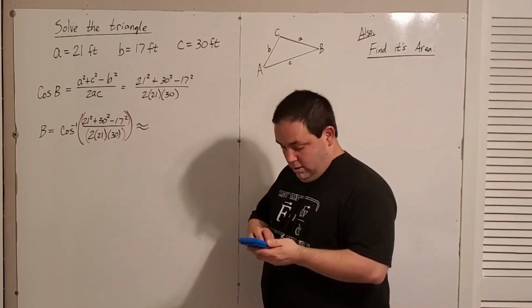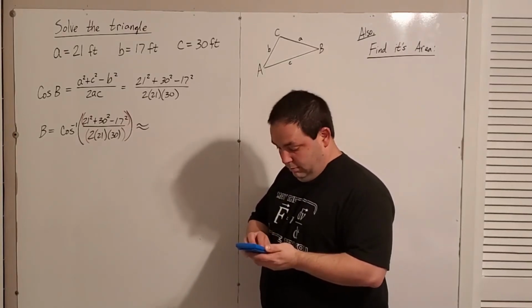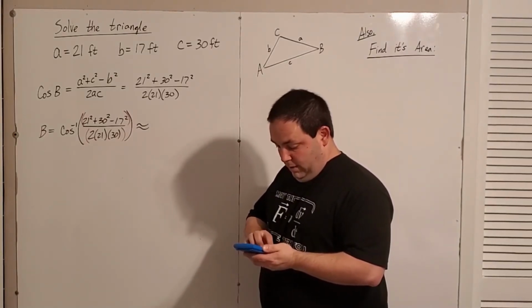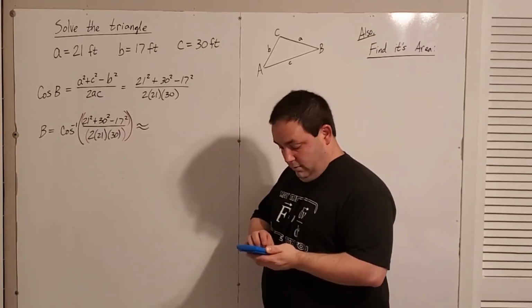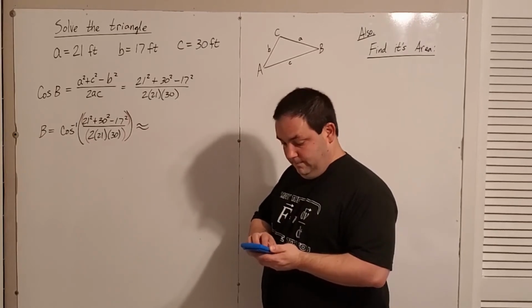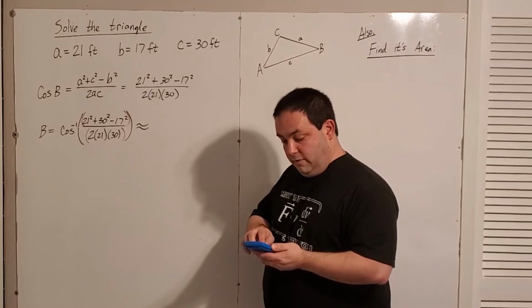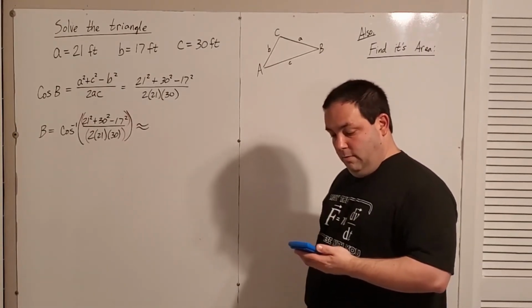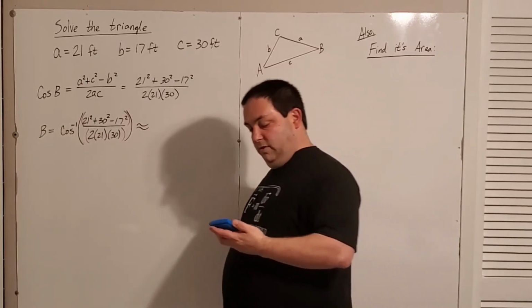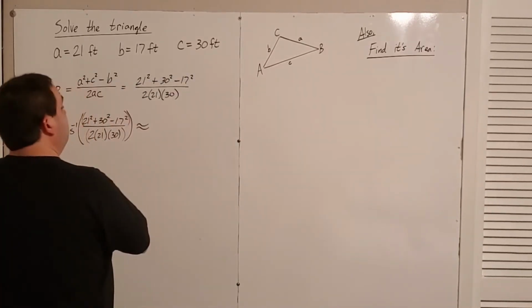I have 21 squared plus 30 squared minus 17 squared, and then my denominator, 2 times 21 times 30. And that's inverse cosine, yes. 33.39, so let's say 33.4 degrees.